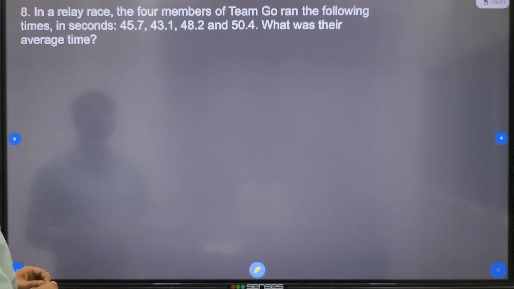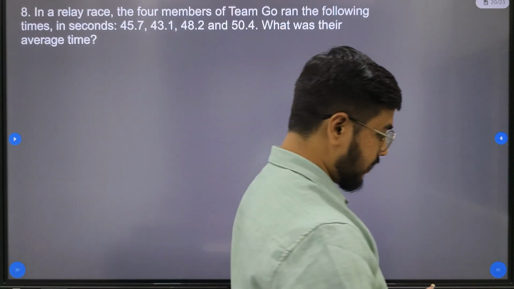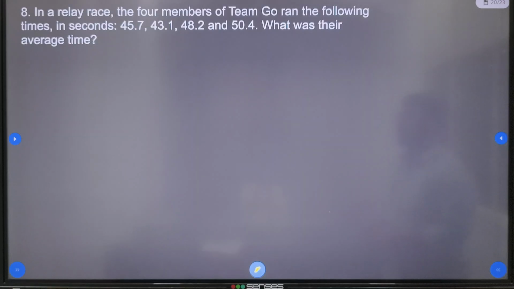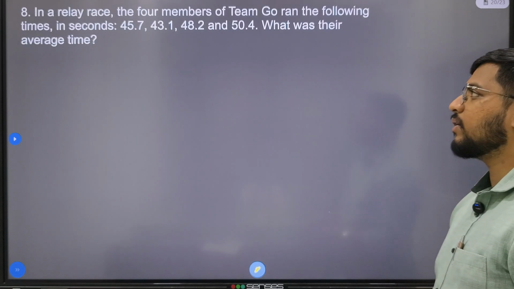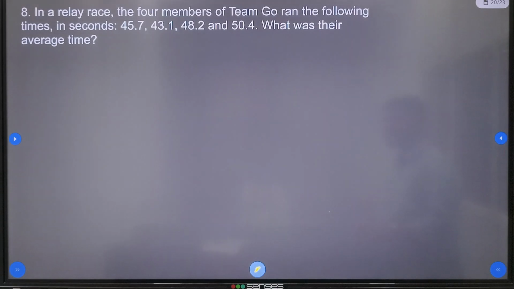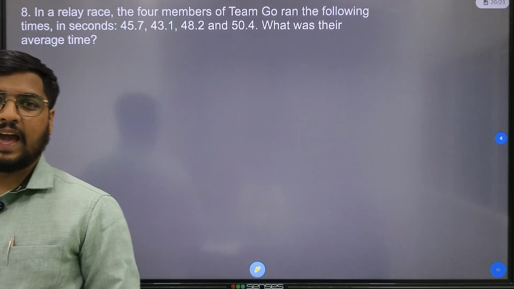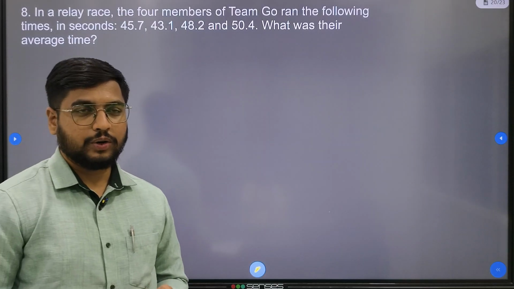What are those? So the first one ran for 45.7 seconds. Second one 43.1 seconds. Third one 48.2 seconds, and the fourth one took 50.4 seconds. What was their average time? So we have to find the average time they all together took.